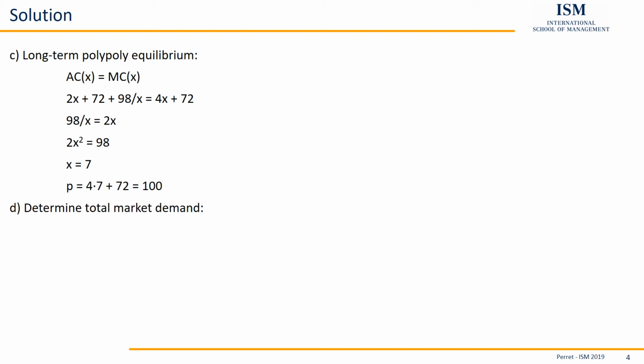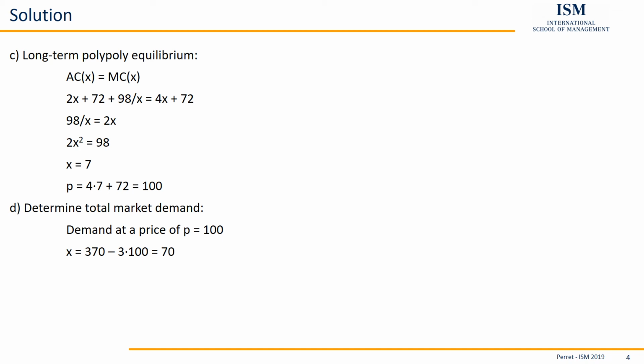And for this, we just insert the price we determined in C into the demand function. So demand at a price of 100. This means we insert this here. So we have a quantity of 370 minus 3 times 100. So a quantity of 70. Okay, that's the total market demand.